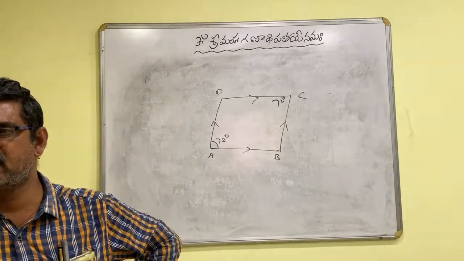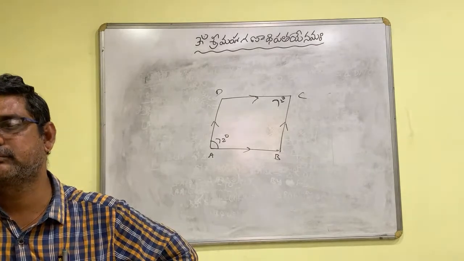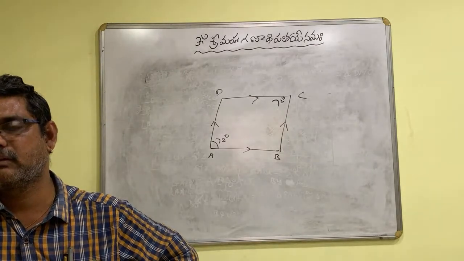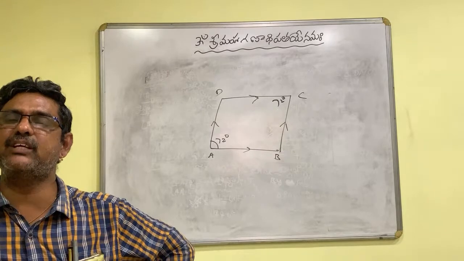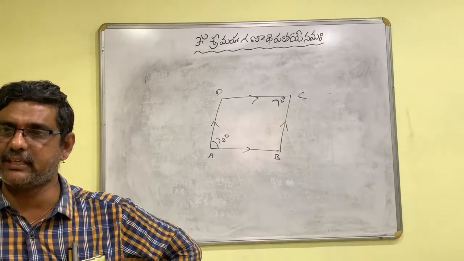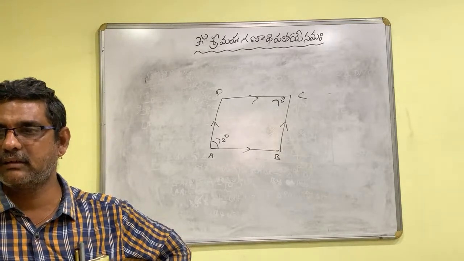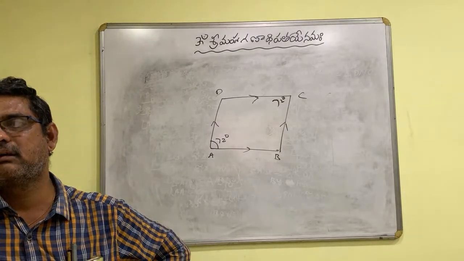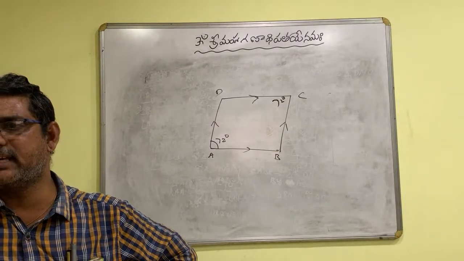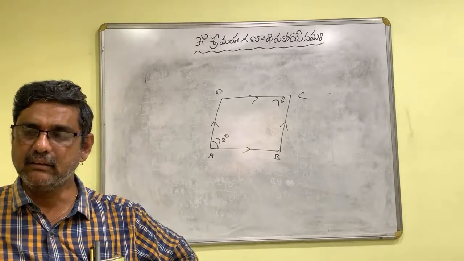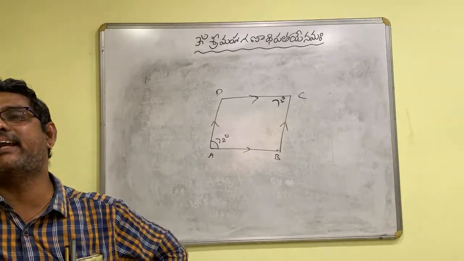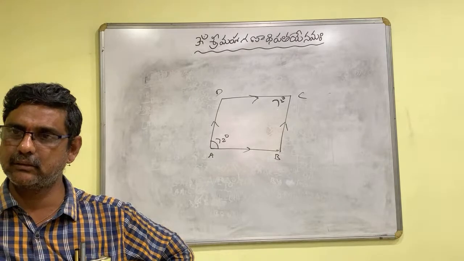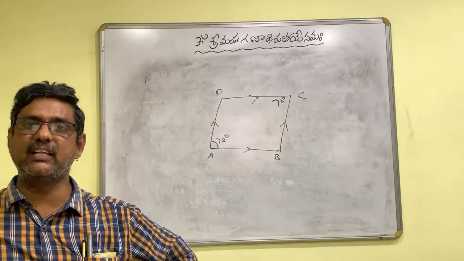Everyone is saying that angle B is 108. Why? I want the reason. Why 180 minus 72? You are not saying the reason, you are giving the answers. Yes, adjacent angles are supplementary.